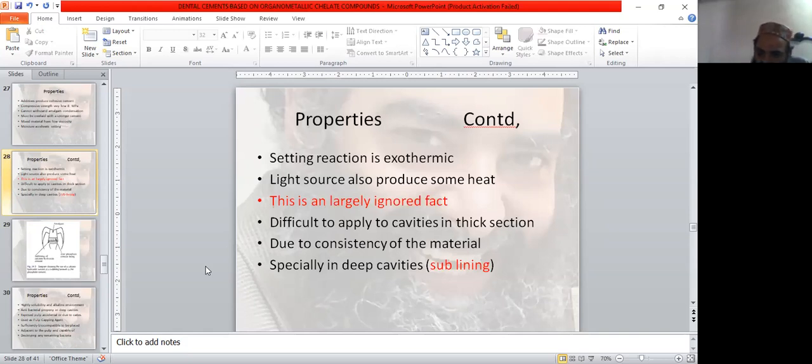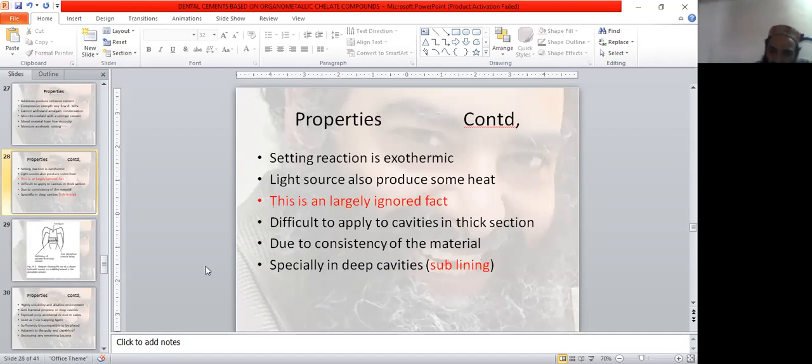When you give a calcium hydroxide lining, if it is thick, then it generates heat, which will in turn produce damage to the pulp.